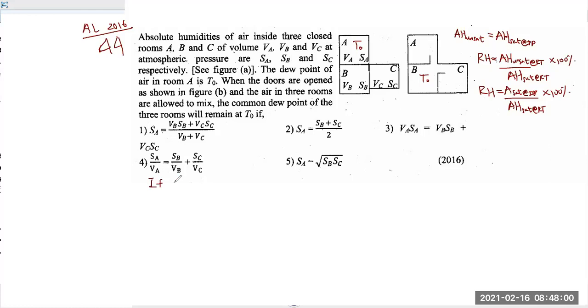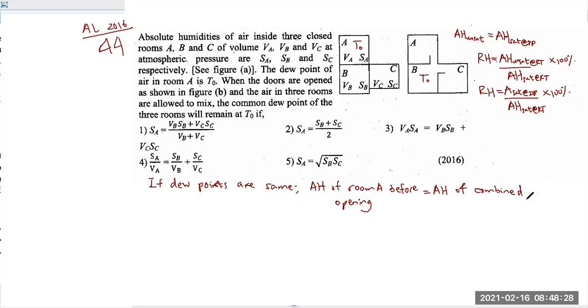Now, if dew points are same, I'll write the conclusion like this. If dew points are same, you can say the absolute humidity of room A before opening should be equal to the absolute humidity of the mixed air after rooms are open.